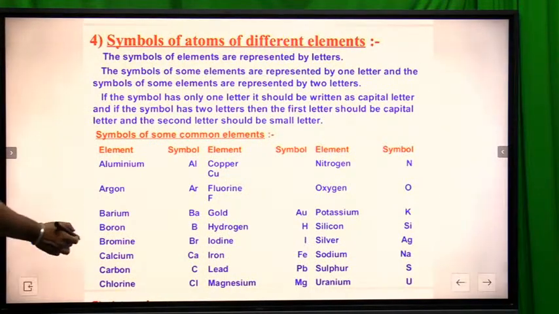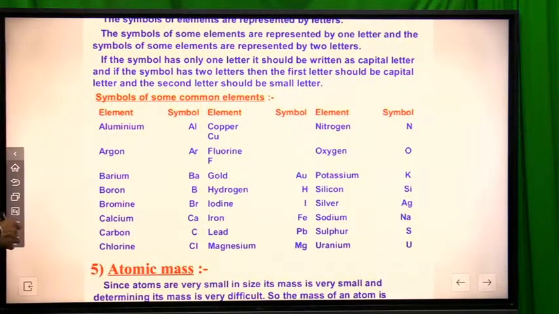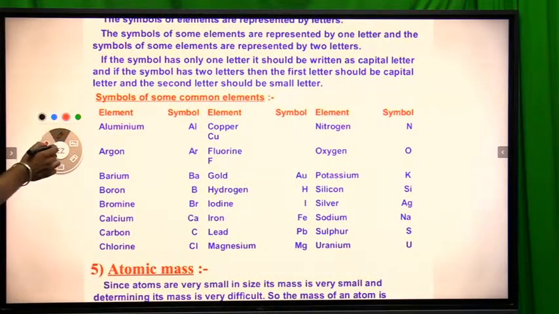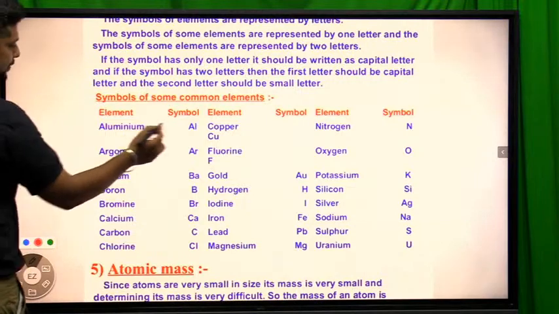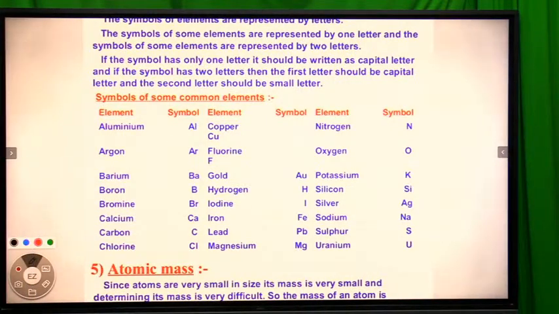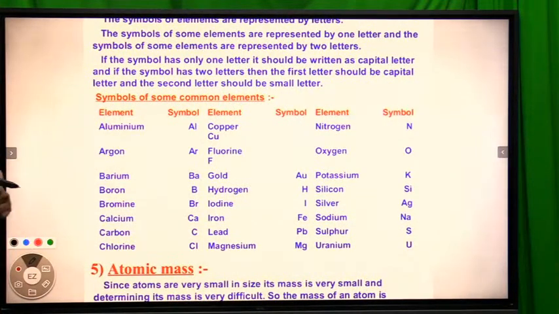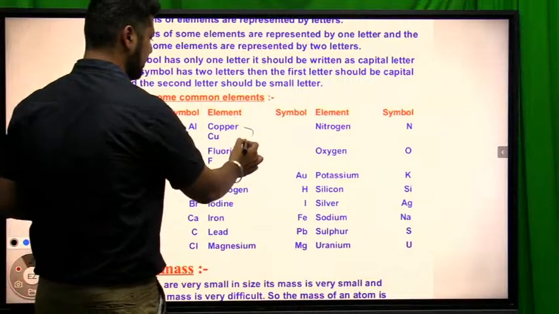Now there are some symbols given of some atoms, of some elements. Aluminium is represented as Al, argon Ar, barium Ba, boron B, bromine Br, calcium Ca, carbon C, chlorine Cl, copper Cu. This is the symbol for copper.